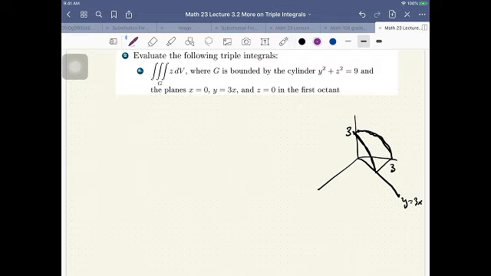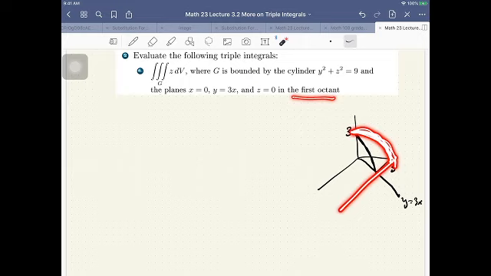So what I did was to draw y squared plus z squared equals 9 on the yz plane, and it's a circle, but because it's in the first octant, I just drew the quarter circle, and I knew that because it's a cylinder, it will be propagated along the axis of the missing variable, which is x.